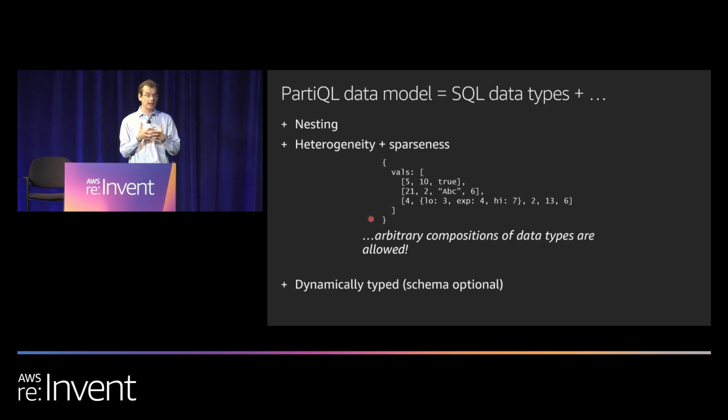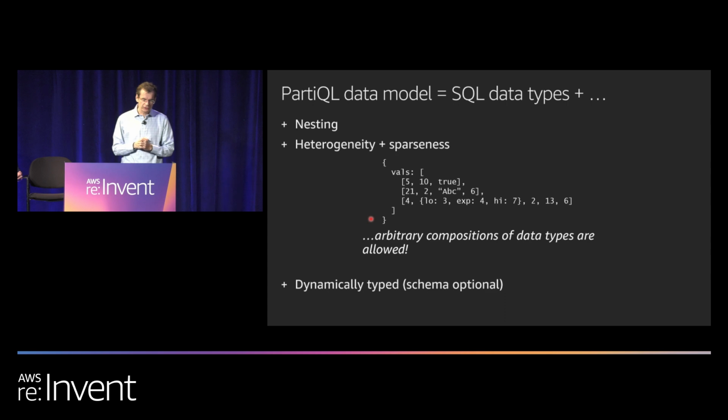And here is the list of the extensions. If you start from SQL, SQL says that the data is a bag of records, of tuples, right? And a tuple in SQL and an object in JSON is pretty much the same thing. And these records have got only scalar values.